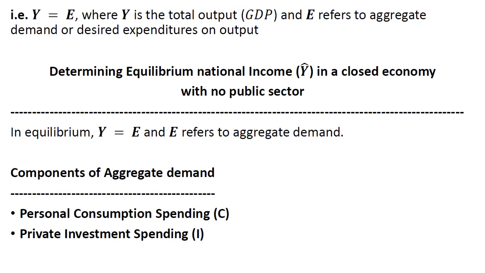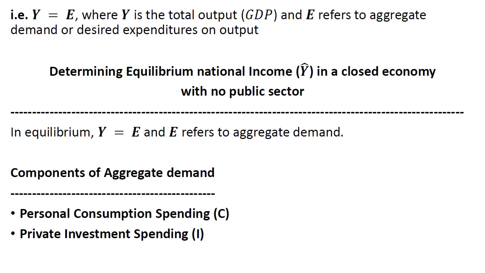The issue over here is that some components of GDP, like personal consumption spending, that is how much we spend as individuals in an economy, depend on the income itself, the Y that we are trying to determine.